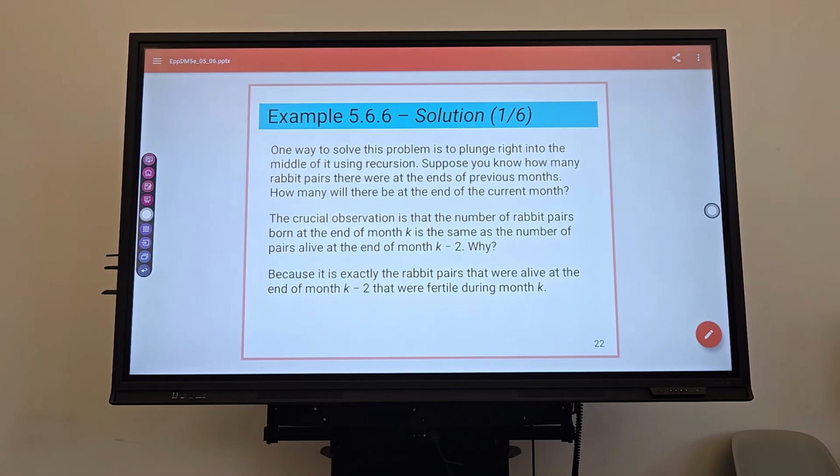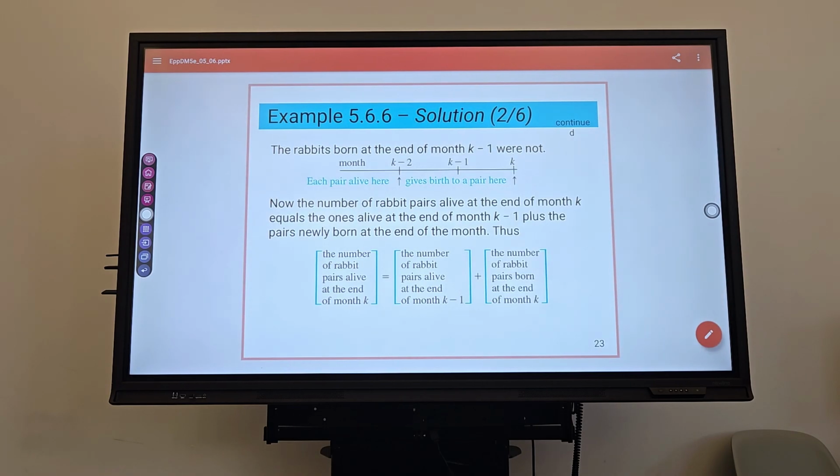Because it is exactly the rabbit pairs that were alive at the end of month k minus 2 that are fertile during month k, because they're not fertile in their first month of life. The rabbits born at the end of month k minus 1 were not.